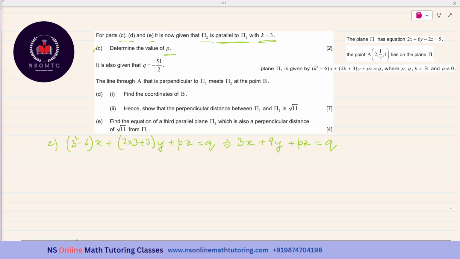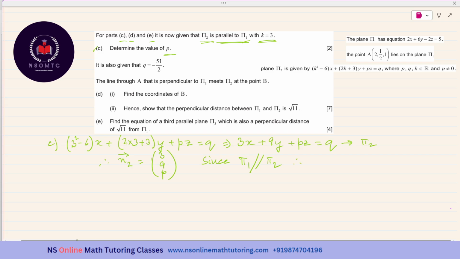So now, therefore, this is the equation of plane pi 2. So therefore, n2 is equal to 3, 9 and p. Okay. Since pi 1 is parallel to pi 2, it is written pi 2 is parallel to pi 1 or pi 1 is parallel to pi 2.